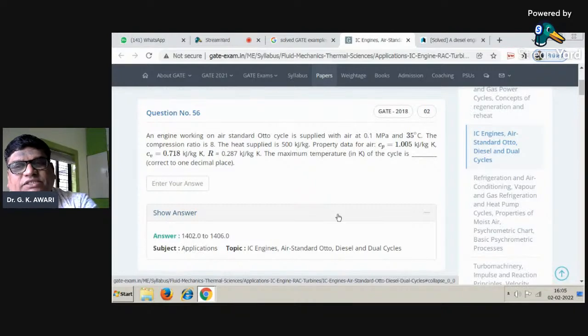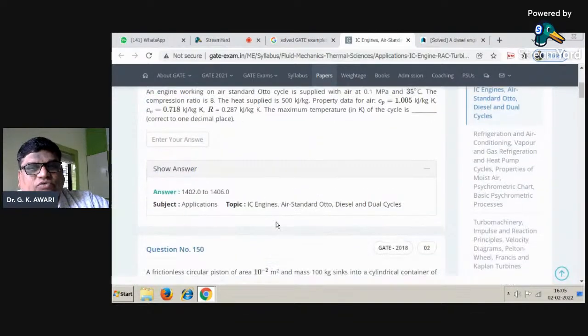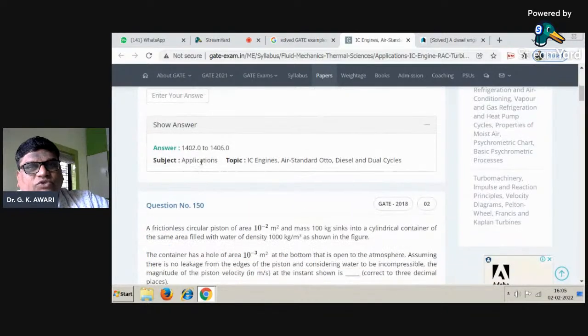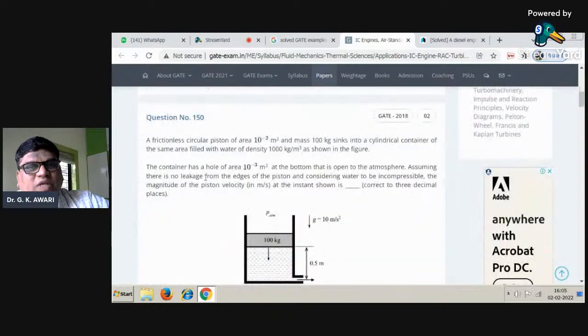The maximum temperature in Kelvin of the cycle, correct to one decimal, you have to calculate. Okay, that is coming out to be 1402 to 1046.